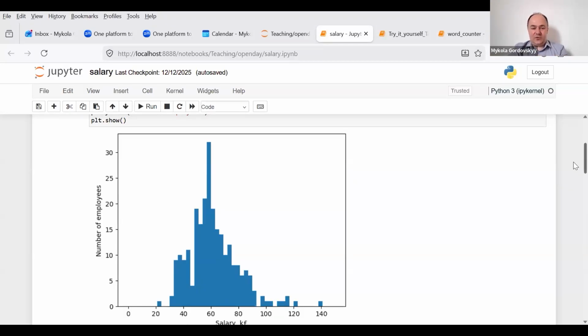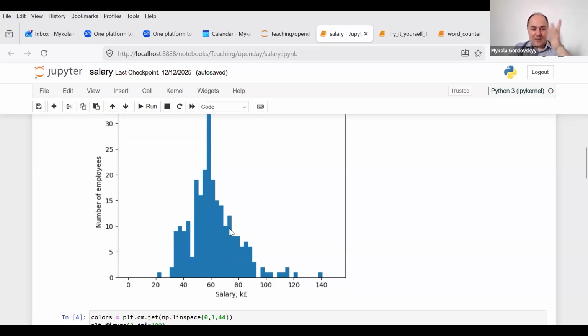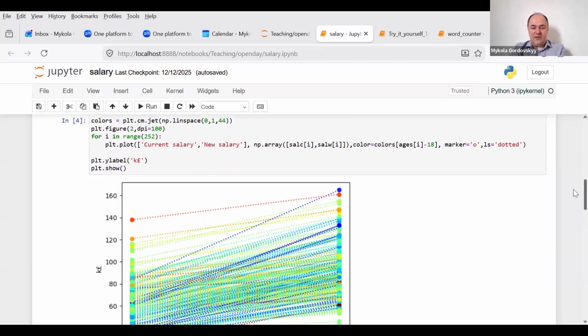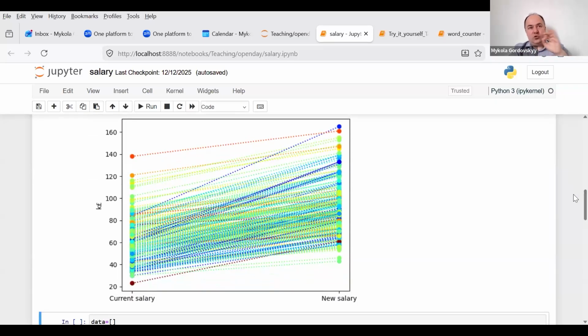The current distribution of salaries is very healthy, centered somewhere at 50, 60,000 pounds a year. Of course, there is a range, which depends on the skills and experience of each candidate. What is interesting is that for each person who took part in this exercise, we can link their current salary and their expected salary in the near future.